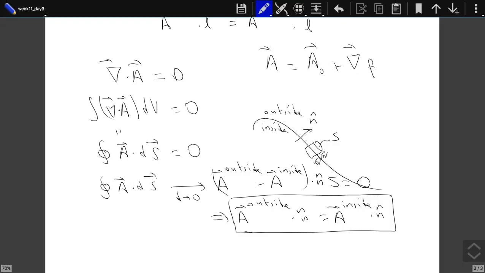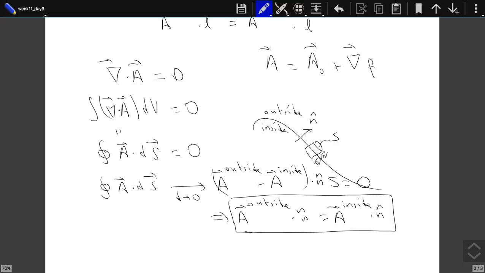So we had already said that just using the finiteness of B, the horizontal component of A, or the component of A parallel to the surface, should be continuous across the surface. Just using the fact that the divergence of A is equal to 0, it tells us that the component of A perpendicular to the surface, that is in the direction of N, should also be continuous.